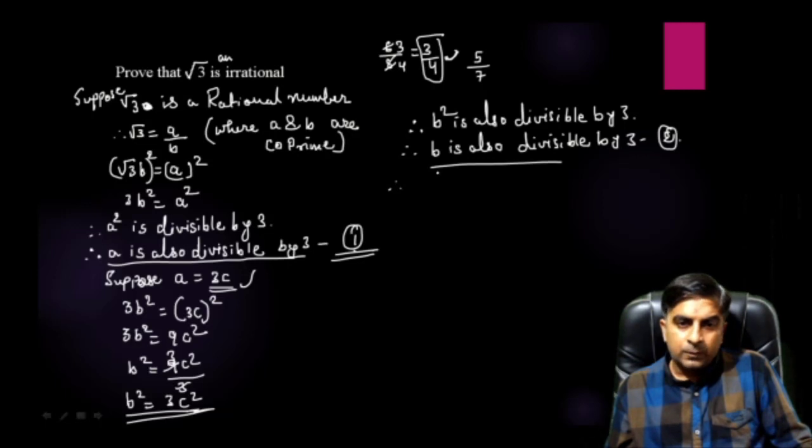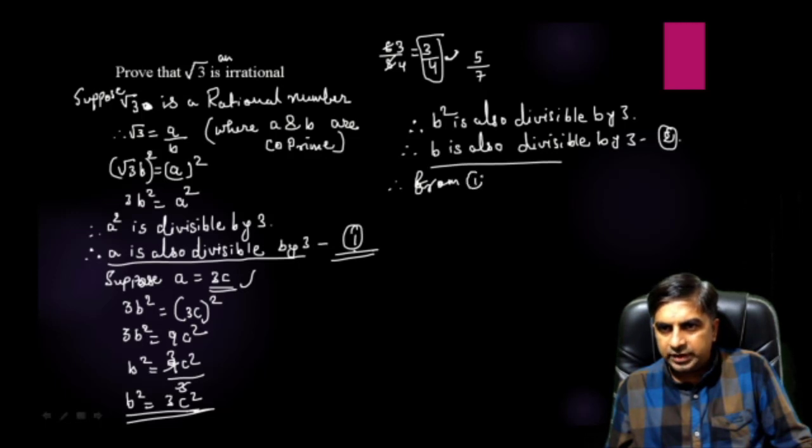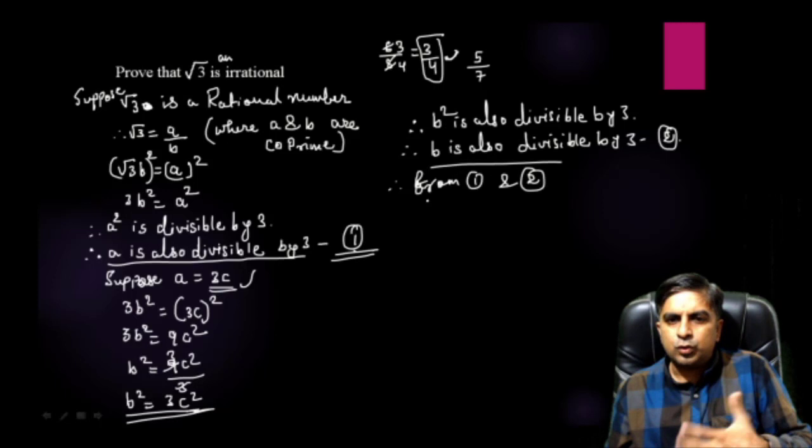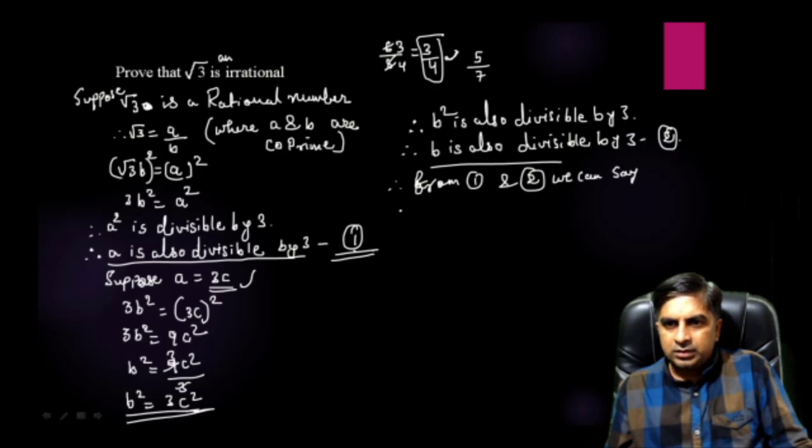Therefore, from 1 and 2, you need to write down everything. You can check your NCERT for how to write it down. I just want to explain the concept. From 1 and 2, we can say that a and b have a common factor 3.